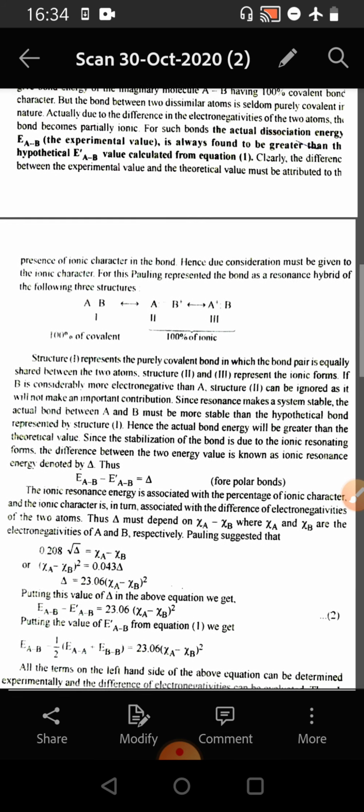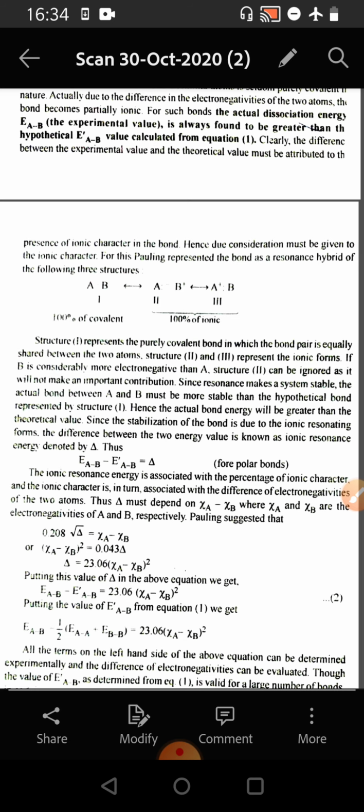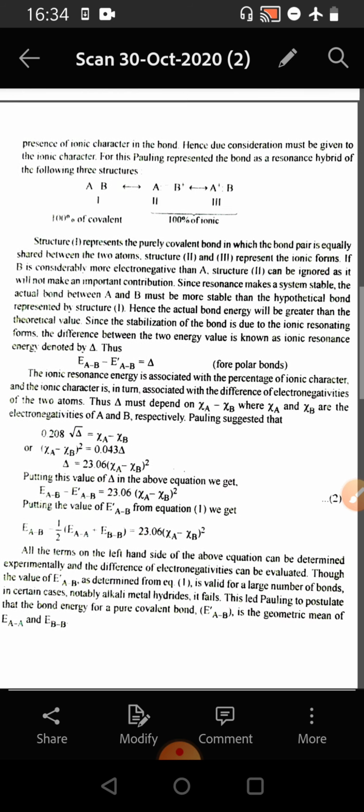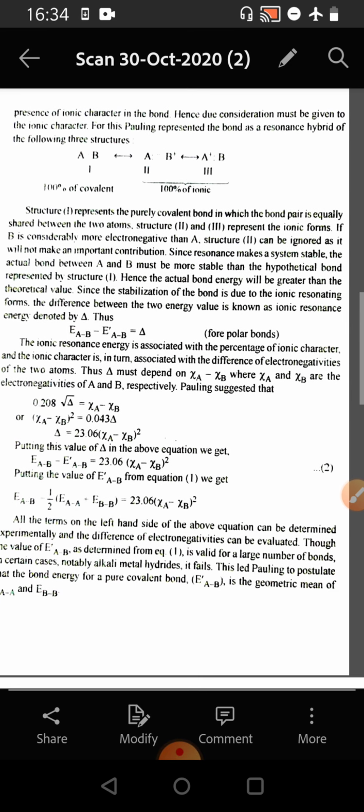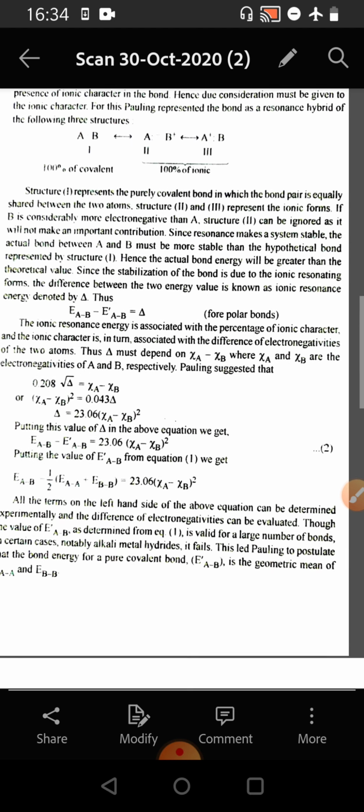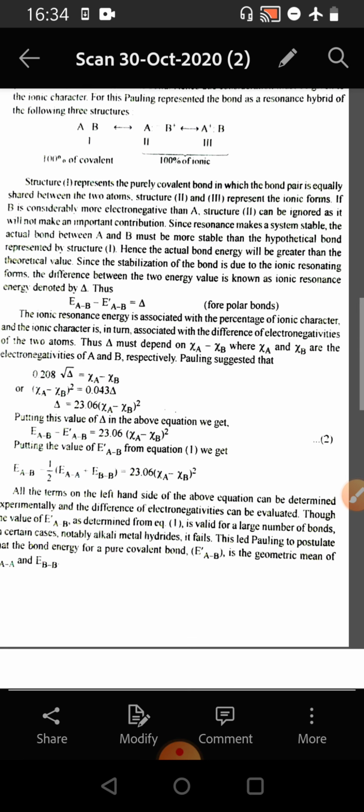Clearly, the difference between the experimental value and the theoretical value must be attributed to the presence of ionic character in the bond. Hence, consideration must be given to the ionic character. For this, Pauling represented the bond as a resonance hybrid of the following three structures: 1, 2 and 3.